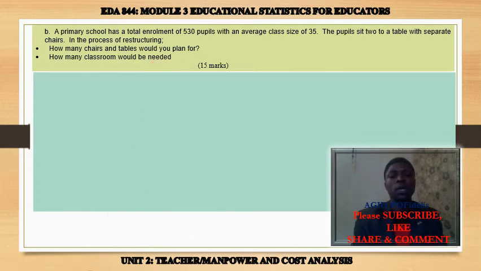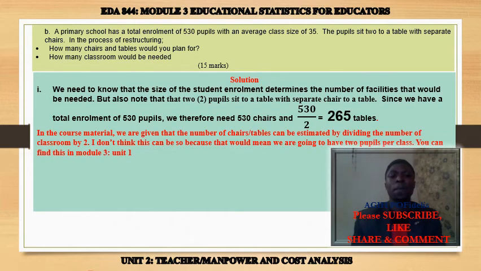Quite simple. What we need to take a look at: one, the number of enrollments. Number two, the condition for the seating arrangements. We have two to a table with separate chairs. It means they are going to make use of separate chairs. And then the class size is 35.